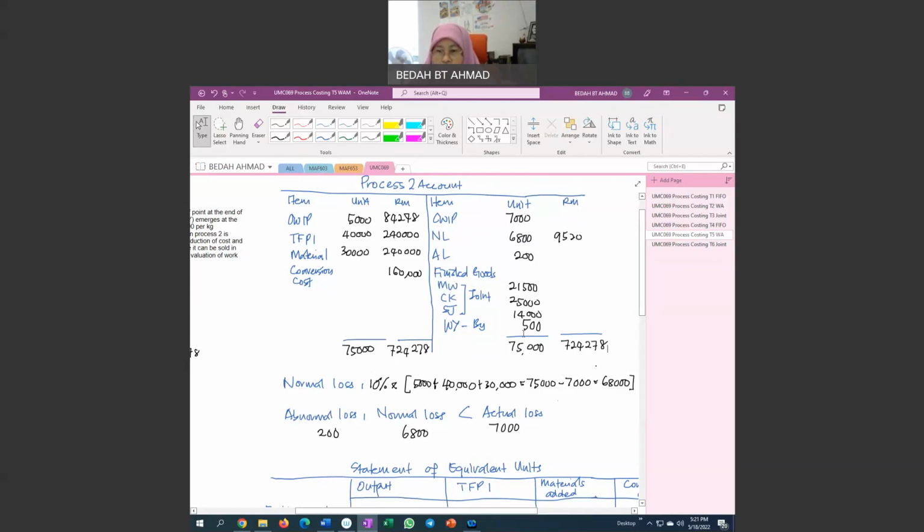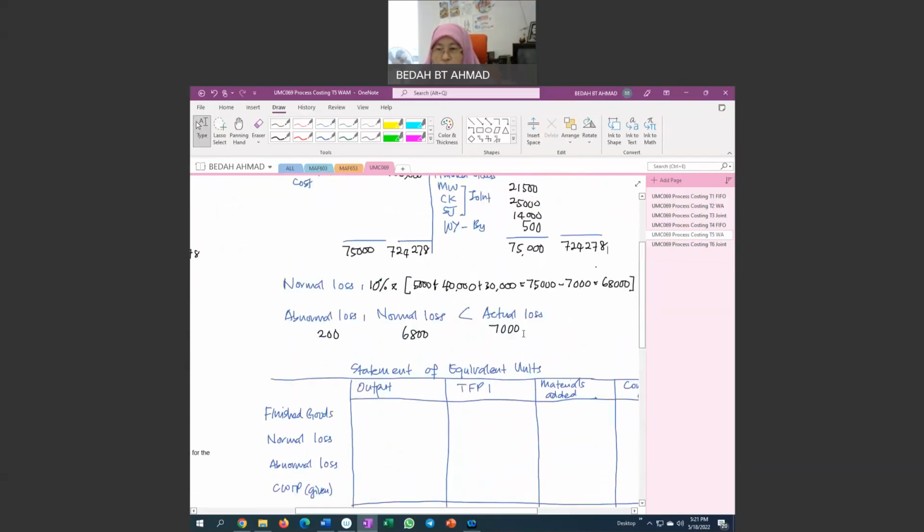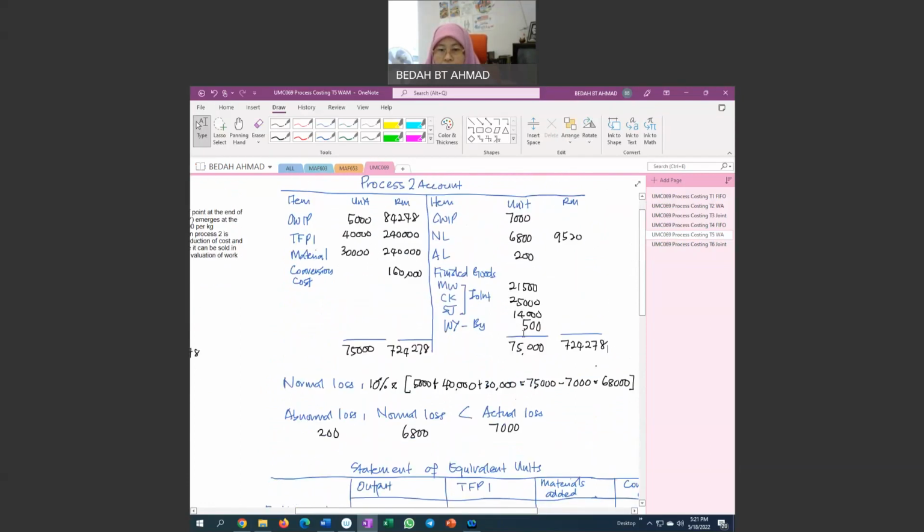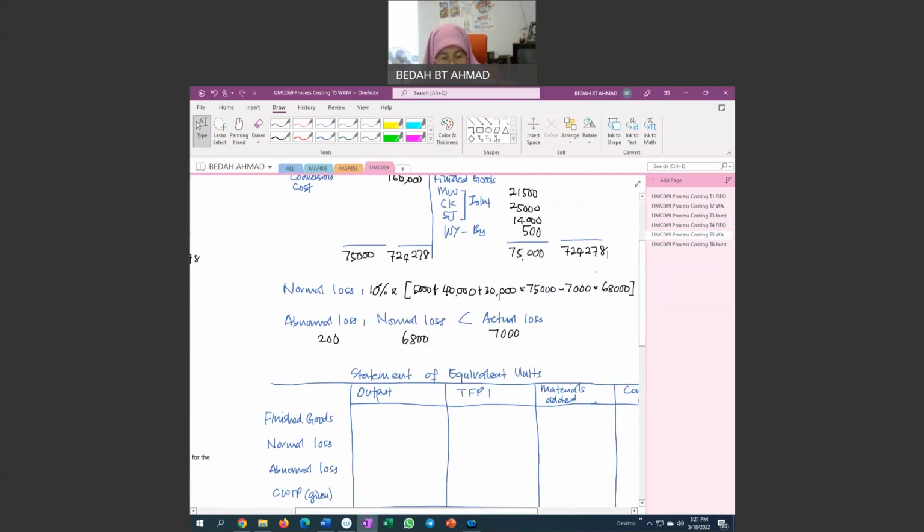and the finished goods. We need to prepare the statement of equivalent units. So the input and output, okay, we copy paste all the output there. So finished goods in total it is 61,000.